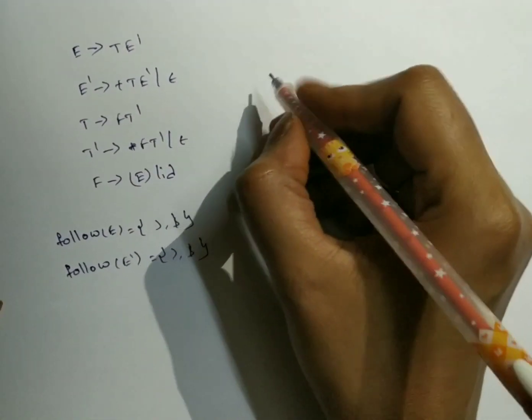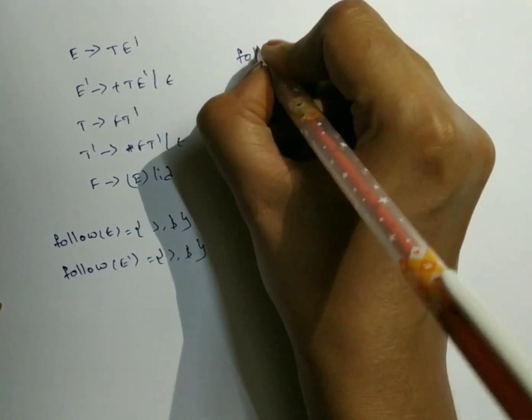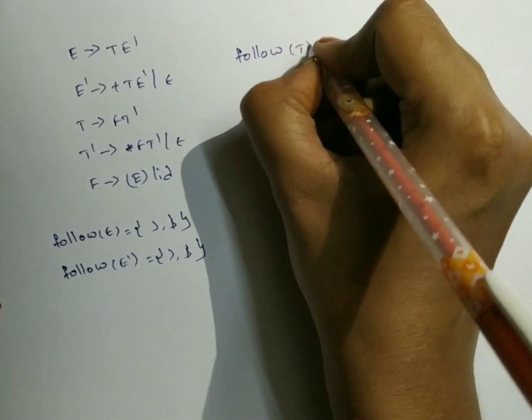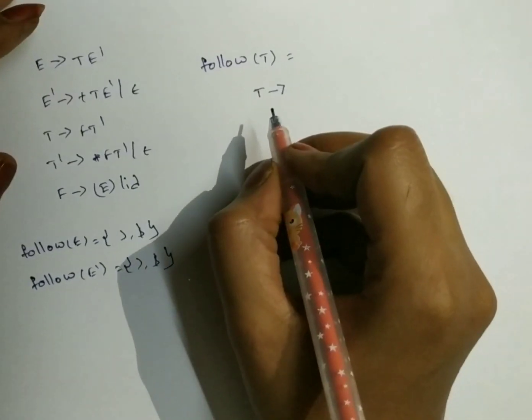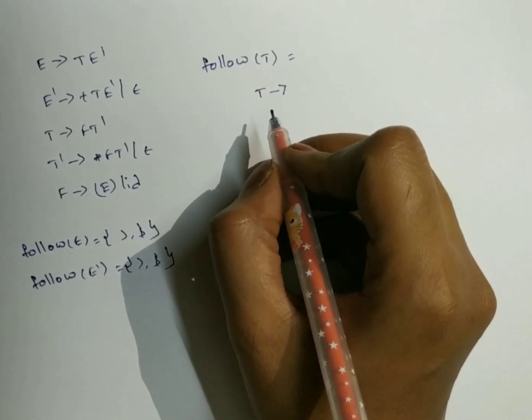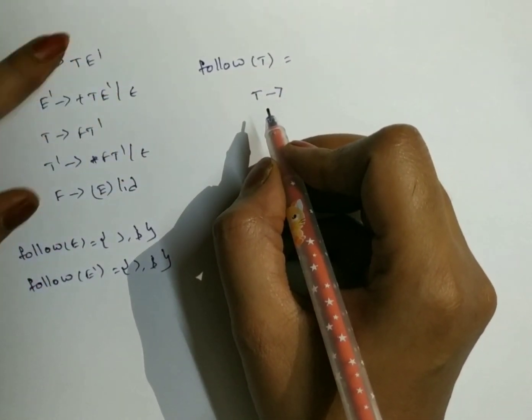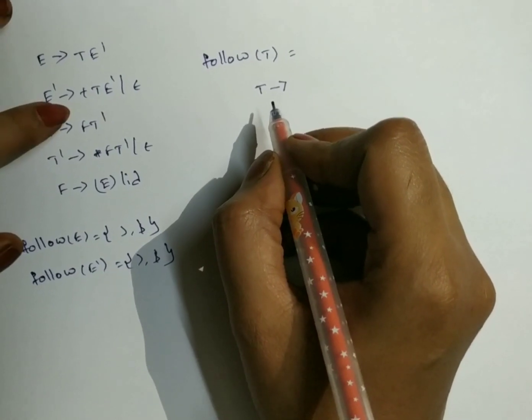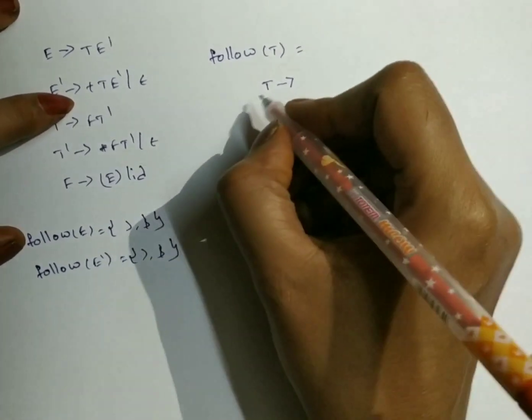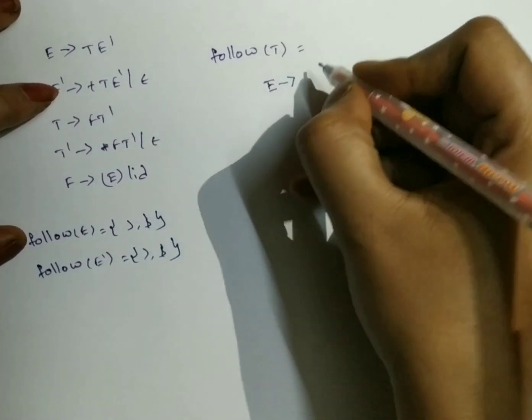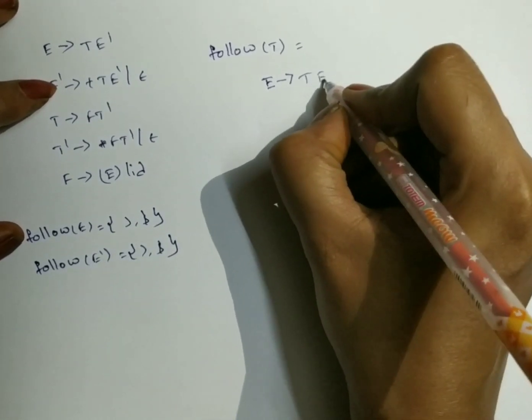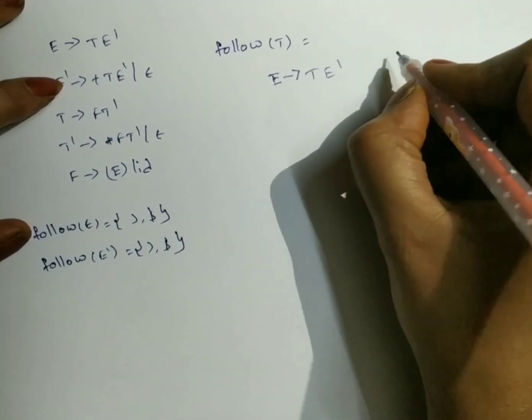Now I need to consider the follow of T. For finding the follow of T, we need to consider all the productions which have T in their right hand derivations. E derives T E dash. This is the first derivation.